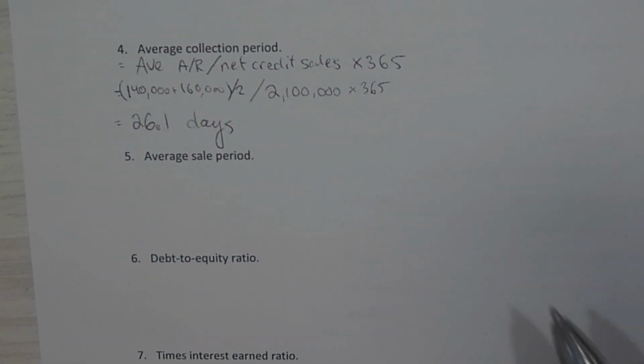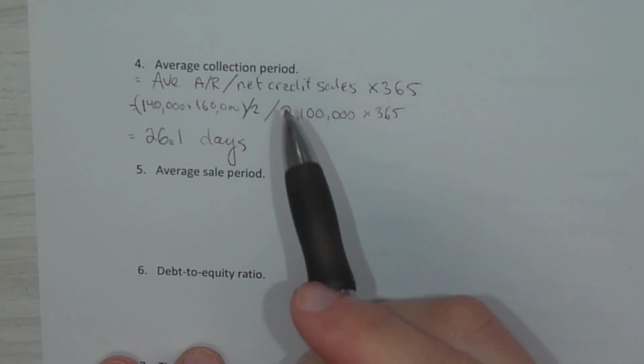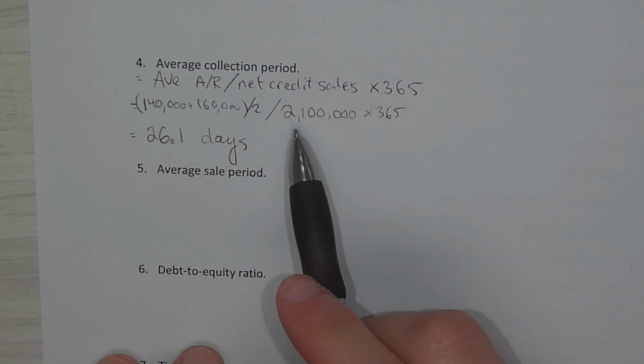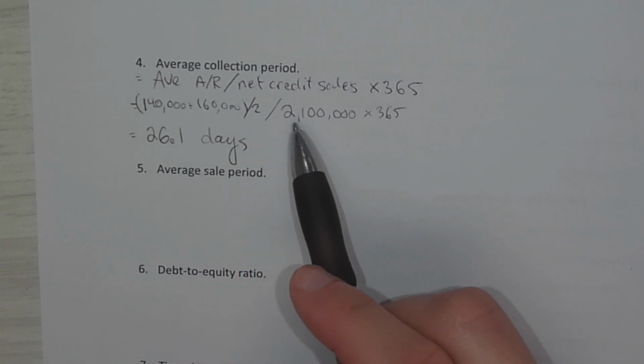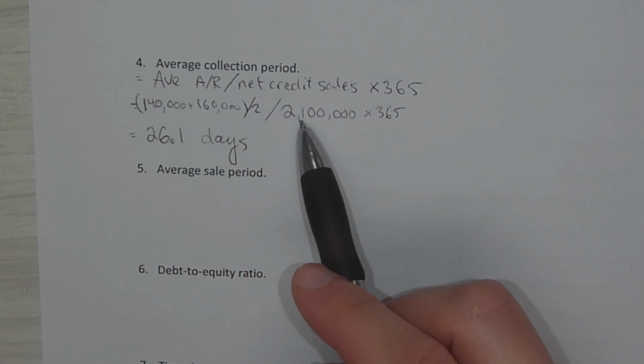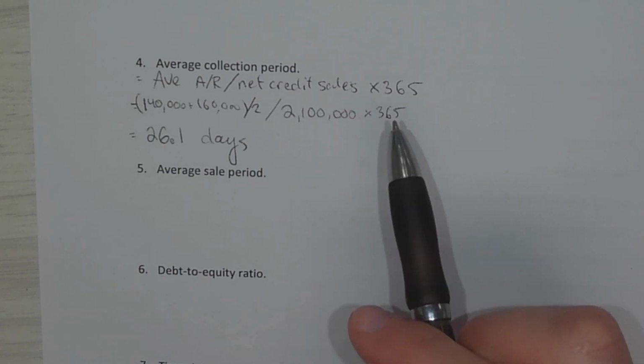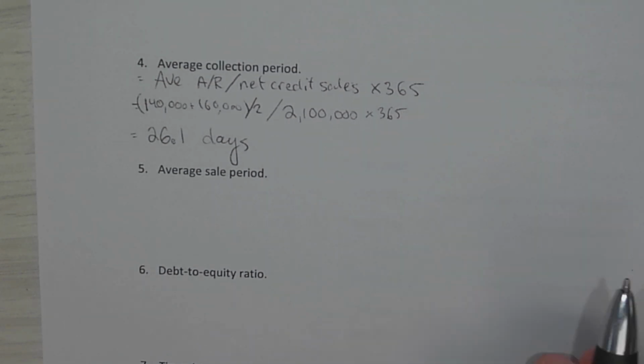And what we get is 26.1 days. So this is how long it takes for us to collect our accounts receivable. Because we typically have 150,000, and 150,000 divided by 2.1 million, because that's what we do in a year, gets us our percentage, and we can multiply that by the days in the year.